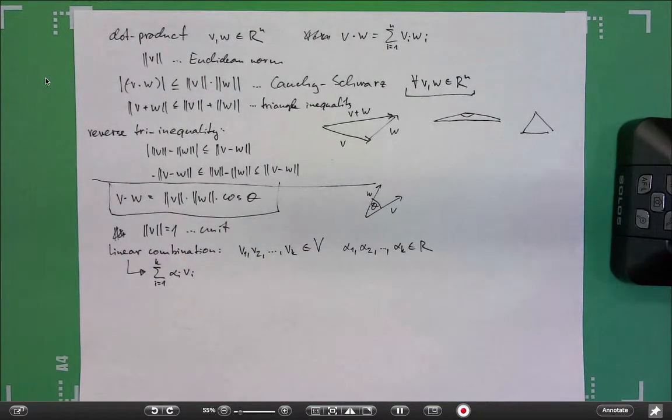The idea is I take a bunch of vectors, I scale each of them by whatever number, and I sum them together. This is the basic building block to get to subspaces and all these things. We will define that more formally later on.